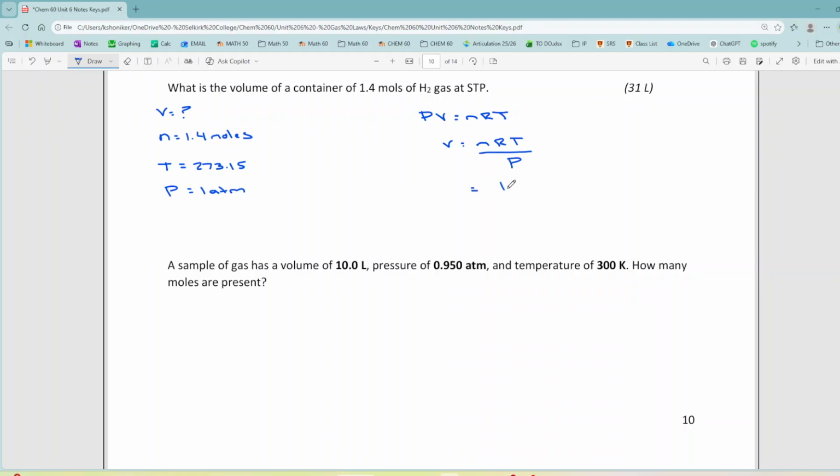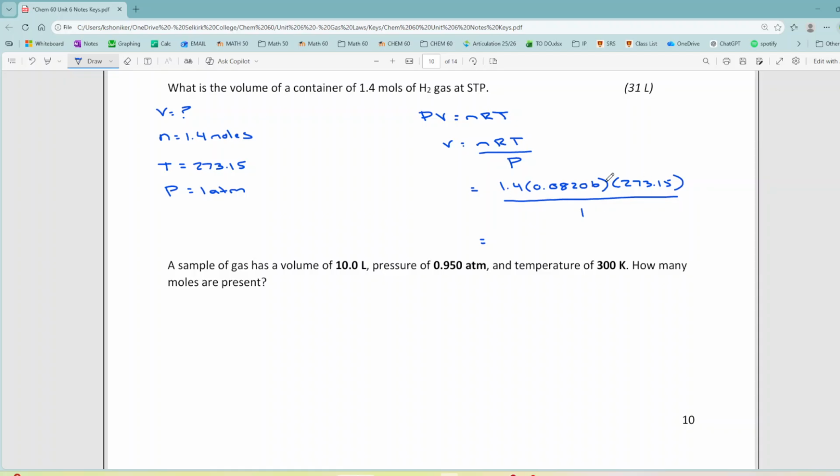And in for the n, we're going to put 1.4. In for the R, we're going to put 0.08206. In for the temperature, we're going to put 273.15. And then in for the pressure, we're going to put 1 atmosphere. And when we say 1 atmosphere, that's not 1 sig fig. That is a precise value, so we wouldn't take it into consideration.